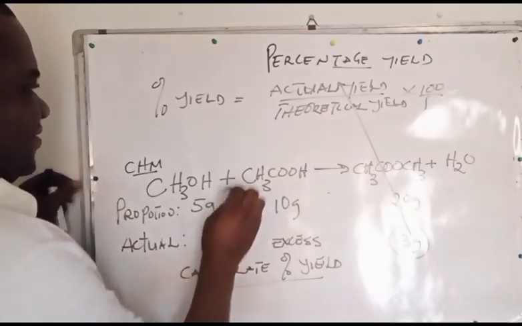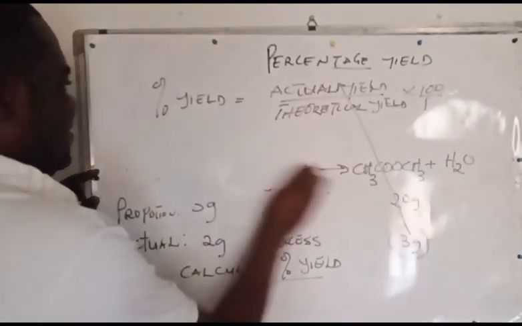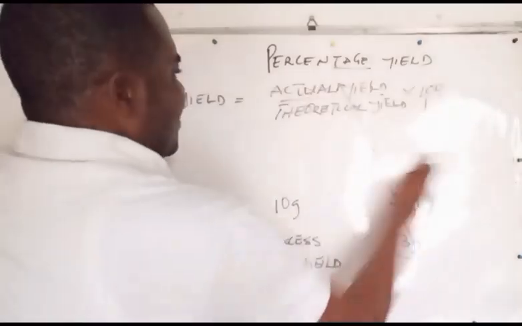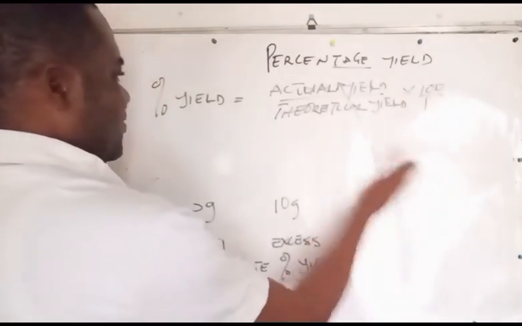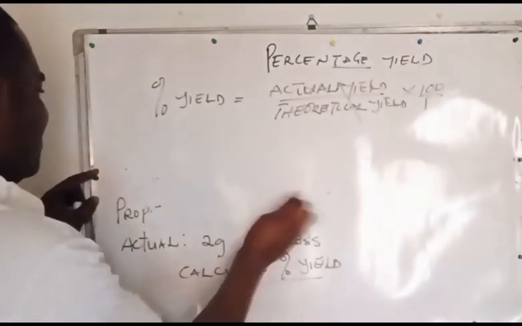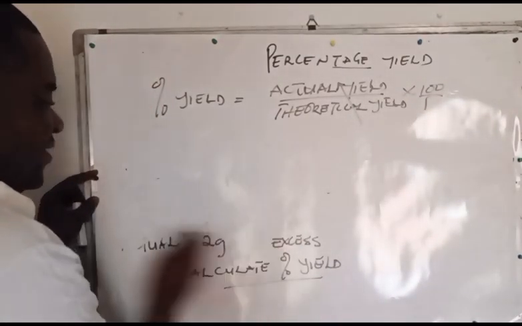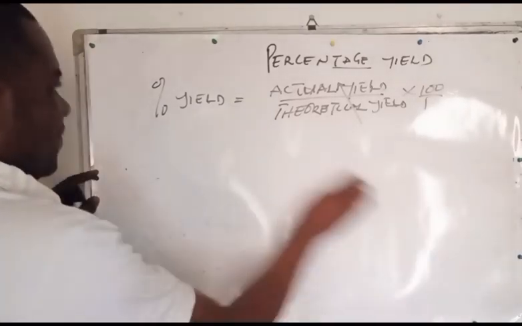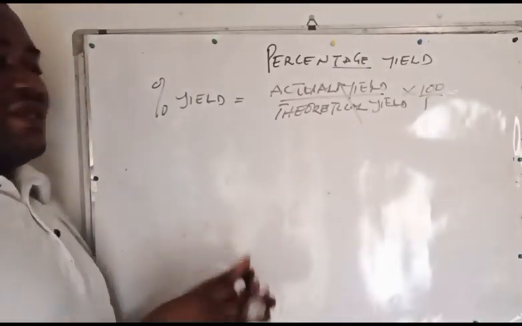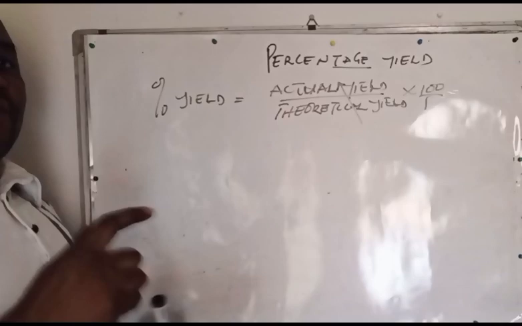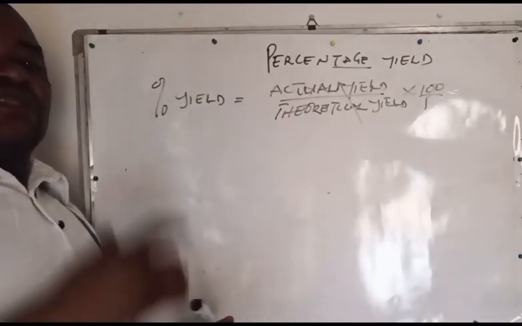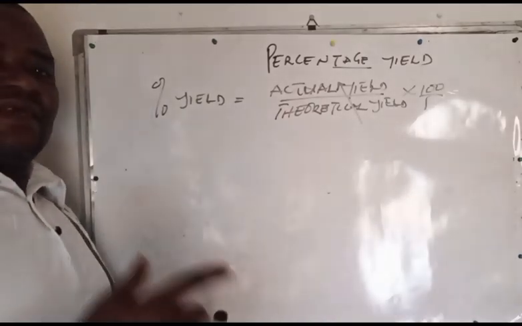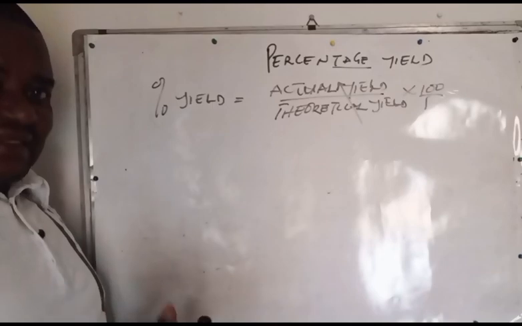Permit me to clean this. Now, to remember what we already wrote here, from our question earlier we are told that 5 grams by proportion yielded 20 grams of an ester.